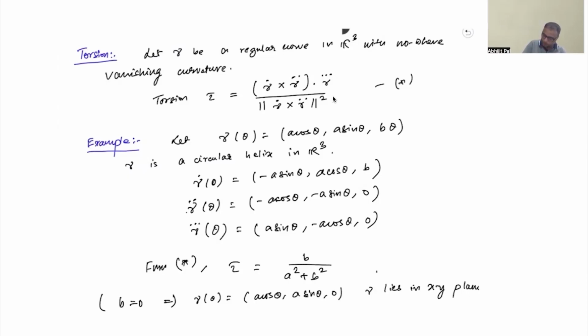Also b equal to 0 implies that the torsion is equal to 0, and torsion equal to 0 implies that b is equal to 0. Now in general, we prove this.